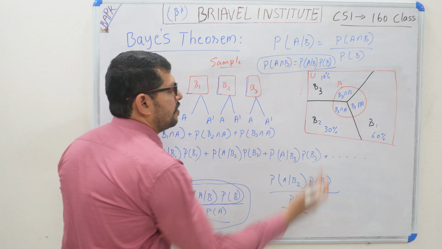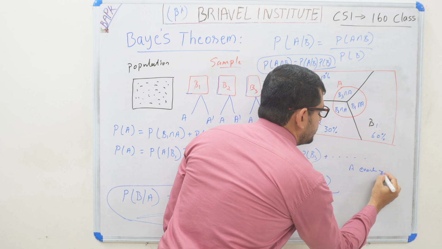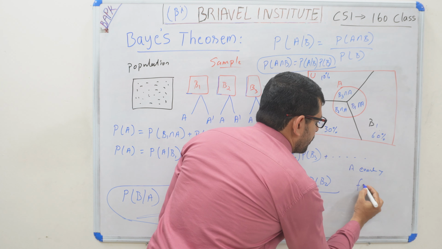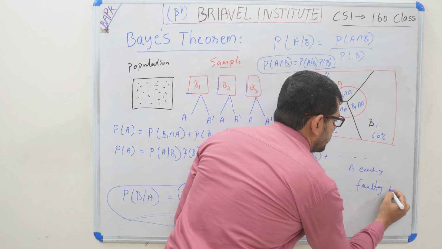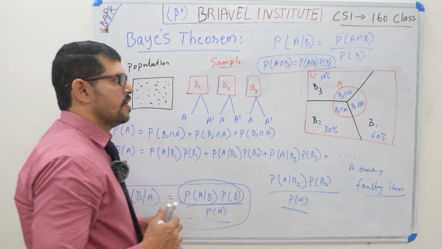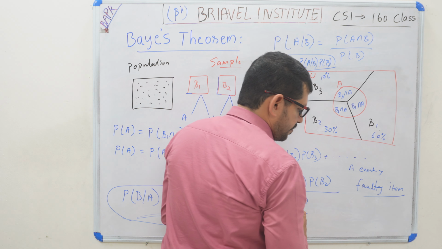So what is event A? Event A is that the supplied material is faulty. Event A is the faulty items. What are the chances of faulty items?